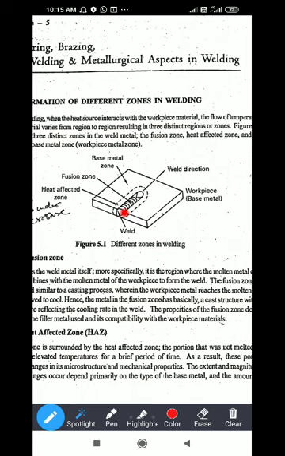The two metals which are going to be joined are converted into a liquid form due to the generation of heat by the electrode, due to the closed circuit or by the arc.